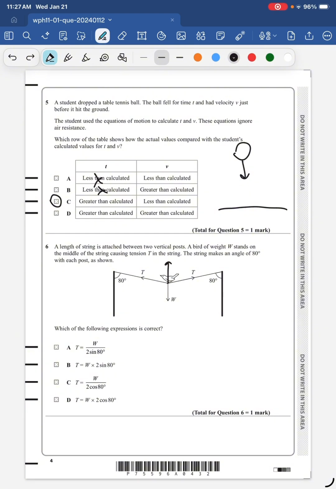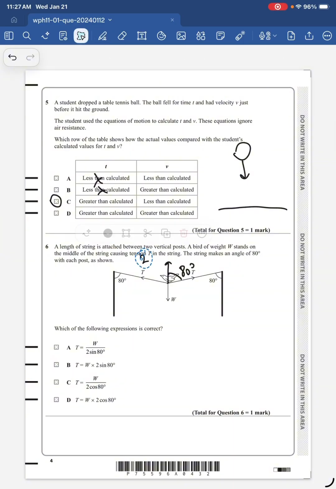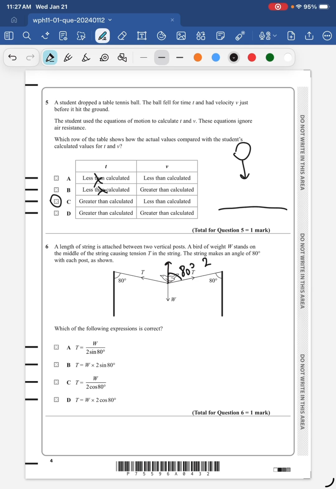We have two tensions, this one and this one, so we have 2 times the vertical component of T. And which one is the vertical component of T? If this angle is 80, this is also 80, right? So this component is going to be, let me transfer this there so I have space to write, 2 times T cosine 80 degrees.